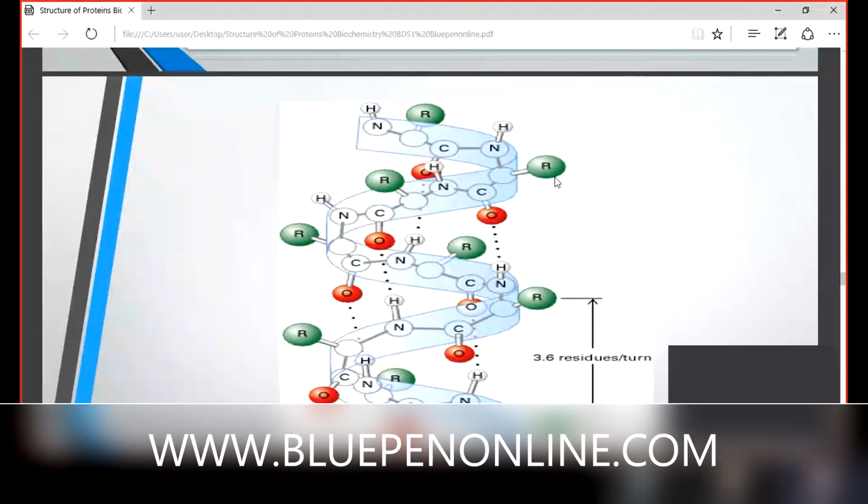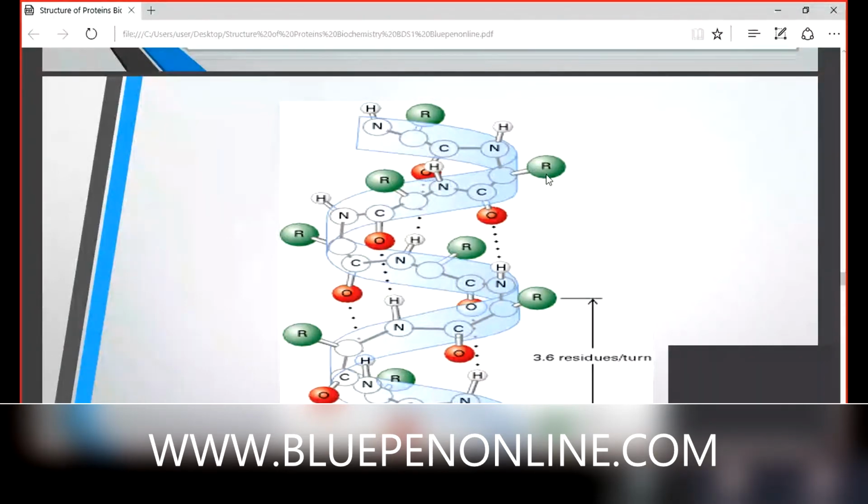In case of cysteine, which is the side group? In case of cysteine, it's CH2SH, sulfur. What about serine? Serine and cysteine are almost the same. Serine is CH2OH.